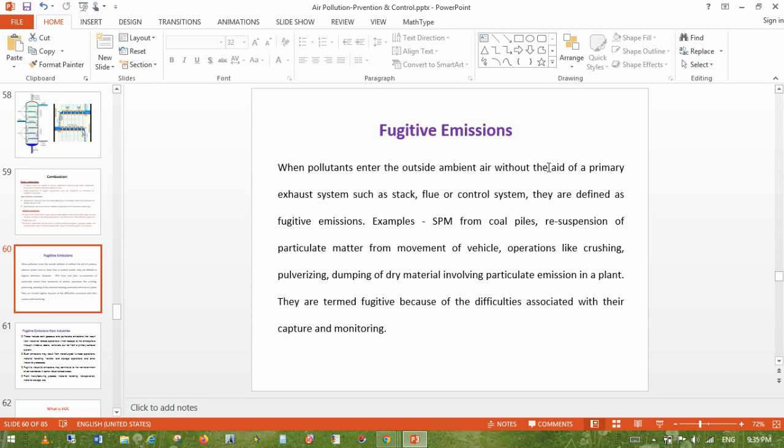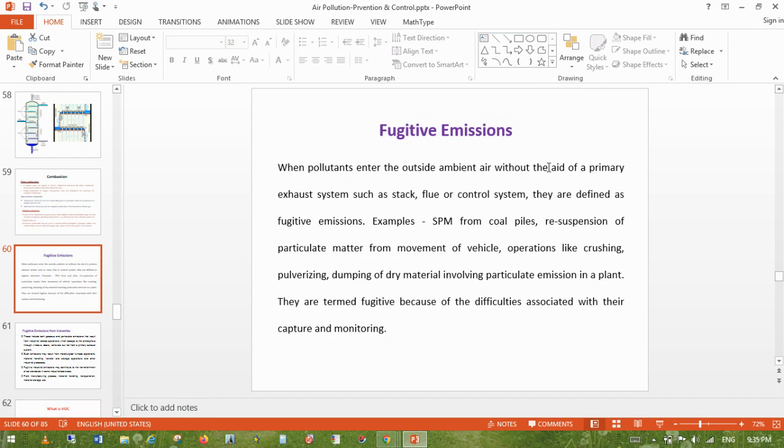So this is called fugitive emission, meaning small uncontrolled emission that does not have a specified source, or if there is no exhaust system, that is called fugitive. If a running belt is there and spillage is there, that is also called fugitive emission.